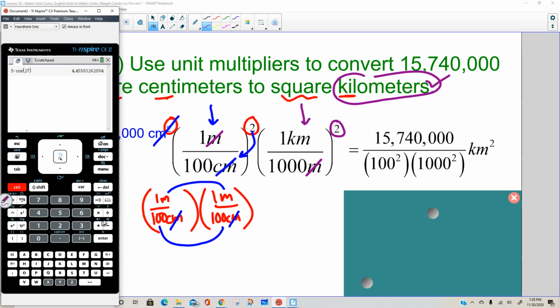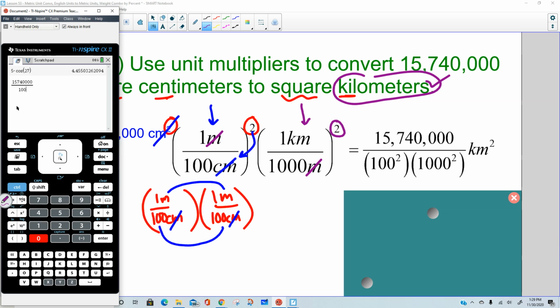So if I hit Control Divide, it brings up that fraction template so I can clearly see what goes in my numerator and what goes in my denominator. So that's really helpful.